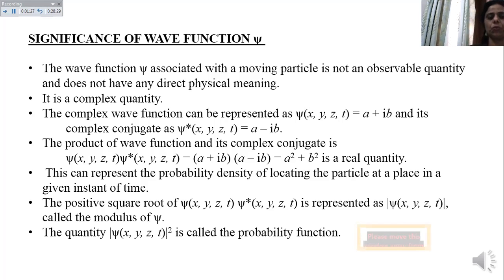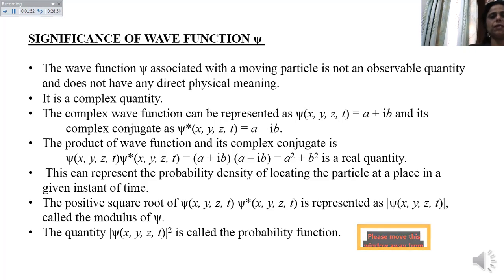The positive square root of the product of psi and its complex conjugate is represented as the modulus of psi(x, y, z, t), called the modulus of psi. It is called the positive square root because actually its square root could be a negative number, but when we take its modulus, it becomes a positive number.